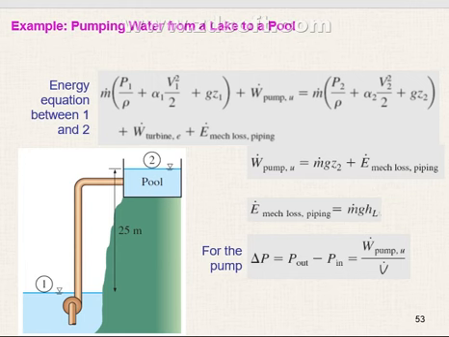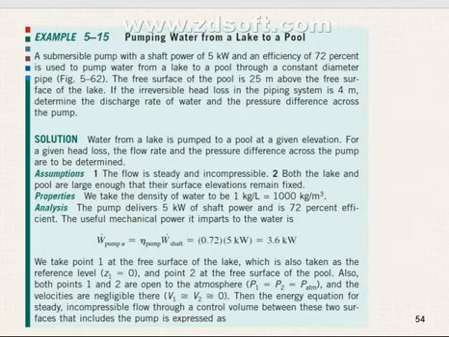Let's see how we can do the solution. Let me just remind myself with the example what we need exactly here. We need to determine the discharge rate of the water and the pressure difference across the pump. We have a pump shaft power of 5 kilowatts, efficiency 73%.